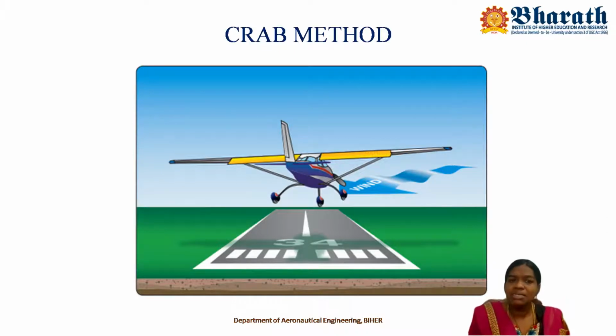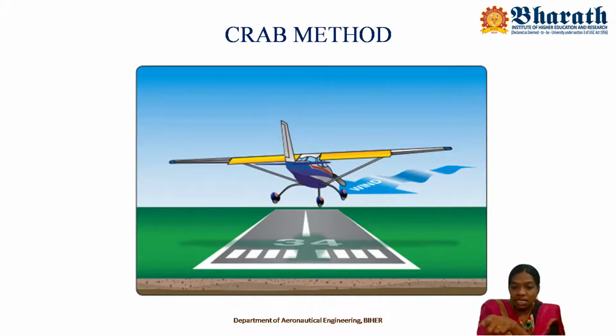The crab angle is maintained until just prior to the touchdown. So it is in flare condition. Another important thing is the longitudinal axis must remain parallel to the flight path. The pilot should ensure that. Just before the wheels contact the ground, that is at the moment of touchdown, the pilot should stop that drift so that the wheels are aligned with the runway.